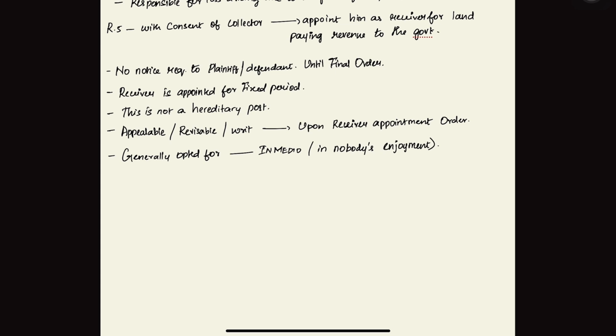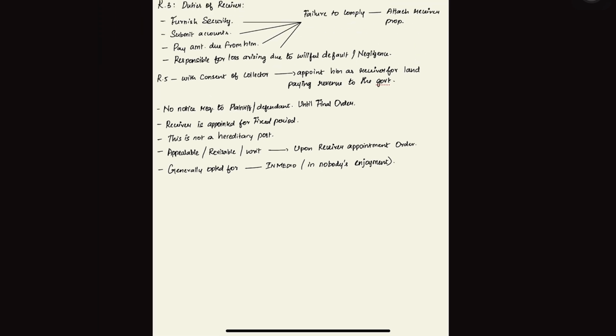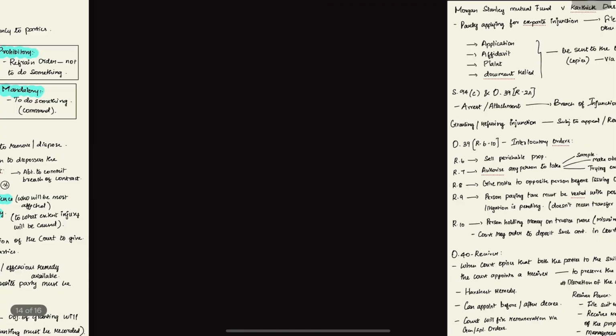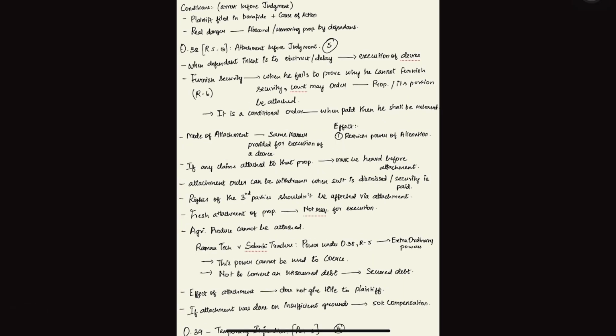Appointment of a receiver is generally opted for in medio property, which means the property is not enjoyed by anyone currently. For properties of such nature, receivers are generally appointed, and that is all about interim orders under CPC.